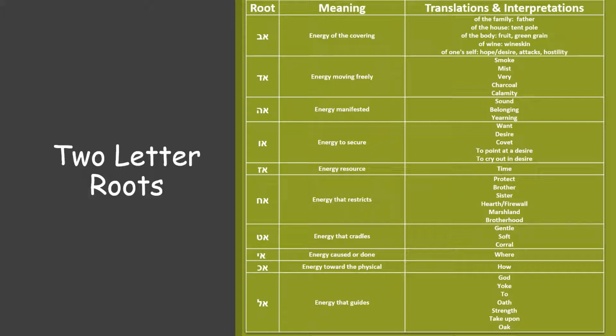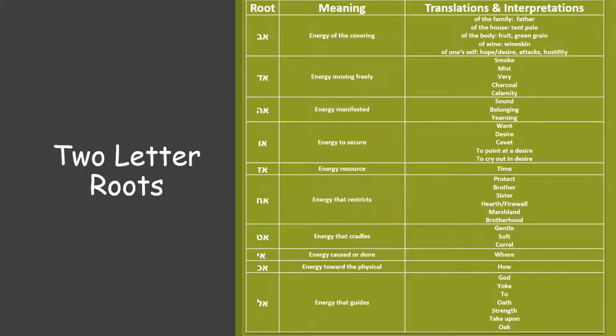I encourage you to pause the video after each word is explained to reflect on that information. Ask yourself, why is this letter combination interpreted in this way? The first combination is Aleph Bet, meaning energy of the covering.